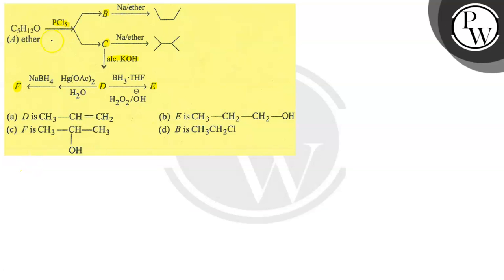So first, our starting material is this C5H12O, which is an ether. If we react the ether with PCl5, then an alkyl chloride will be formed.